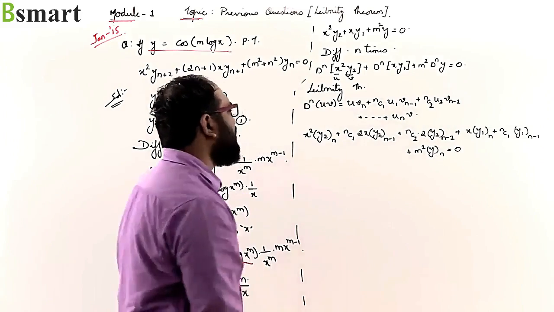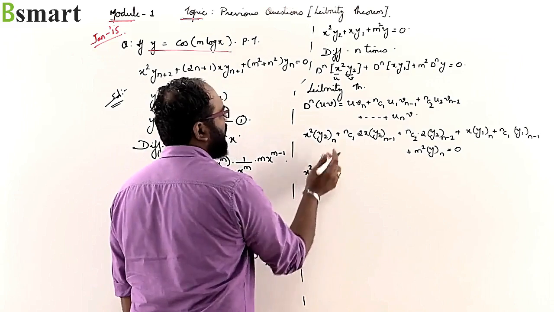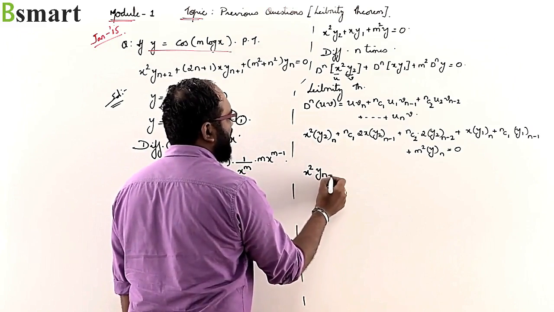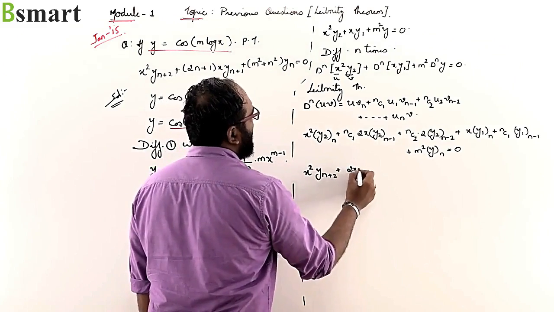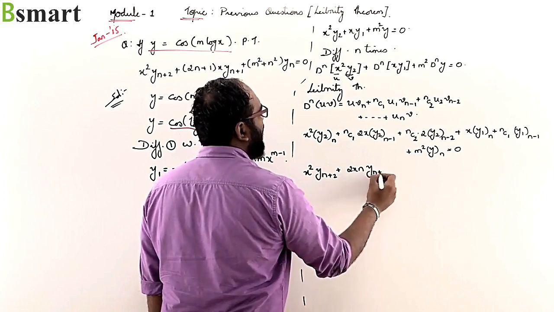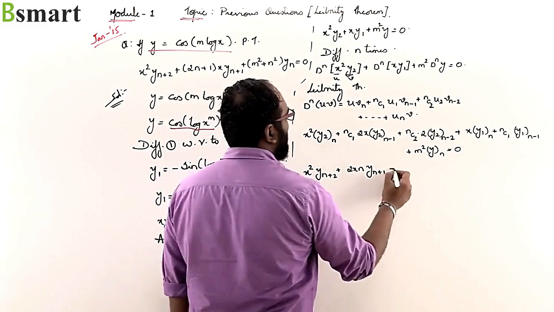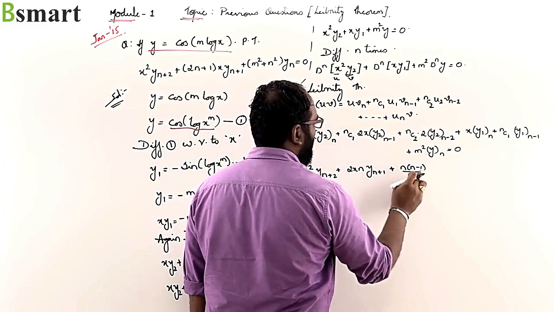Now let's rewrite the terms. So then that is x square into y2 of nth derivative is yn plus 2 plus nc1 that is n, so 2xn into y2 of n minus 1 is n plus 1 plus nc2 that is n into n minus 1 by 2 factorial.